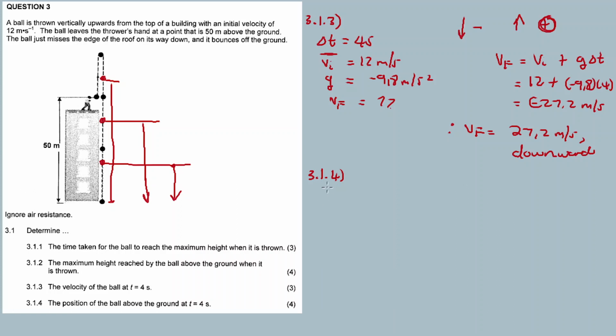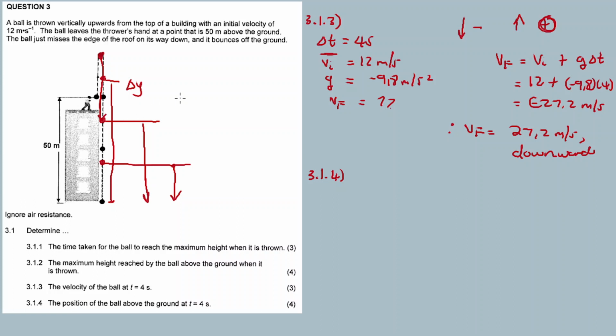So now, how do we approach this? We need to calculate delta y, the delta y traveled from the maximum height all the way down to this point, right?